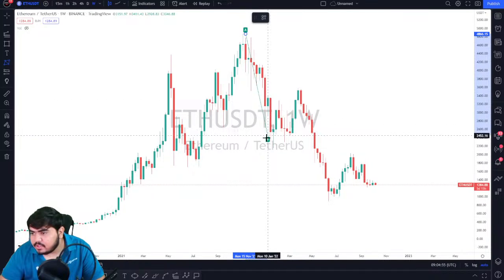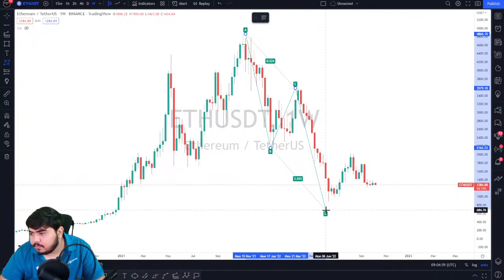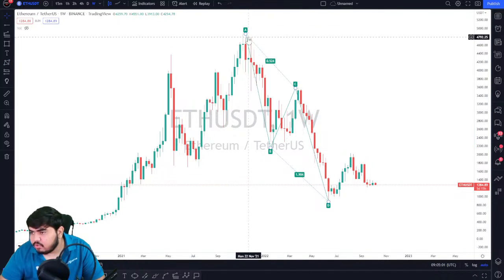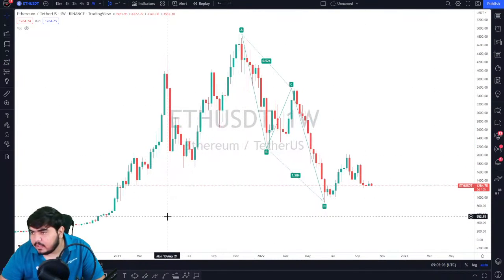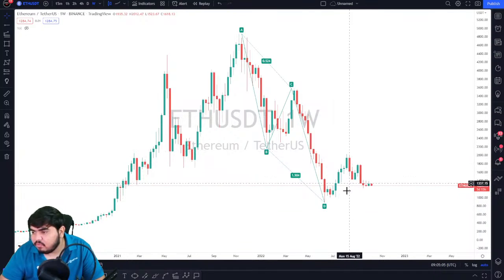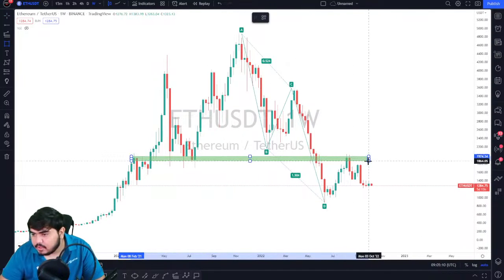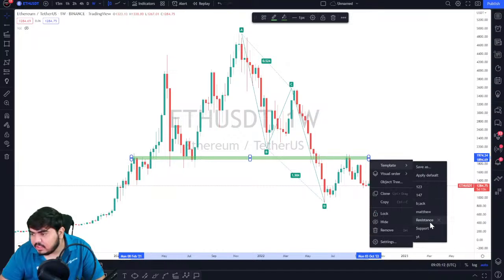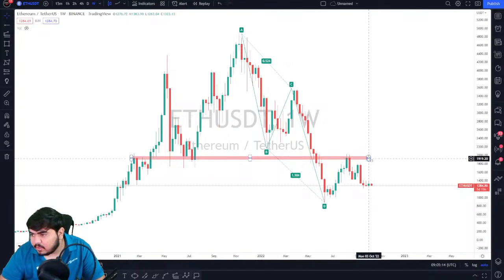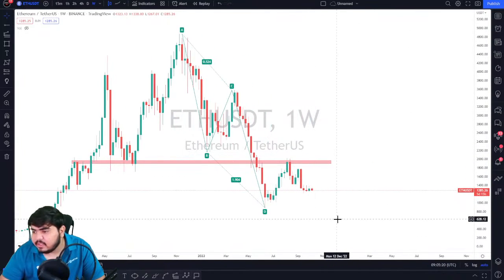So we have this A, we have B, we have C. So we have this ABCD completing at this point, and we saw the reaction of that, and then the market just rejected from this key level of resistance. The market rejected from this area, and we basically start to see some sort of bearish continuation.